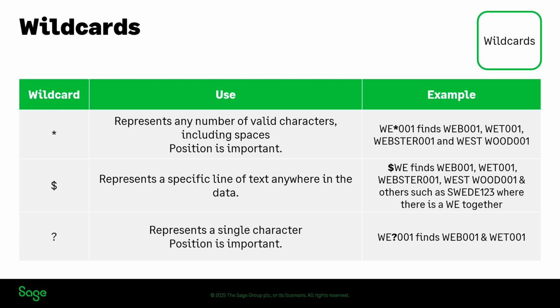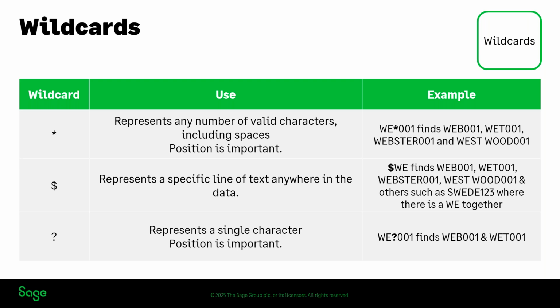That's going to filter in my search for anything that is WE, any letter or character, then 001. So it'll find Web1, Wet1, Webster 001, and West space Wood 001.